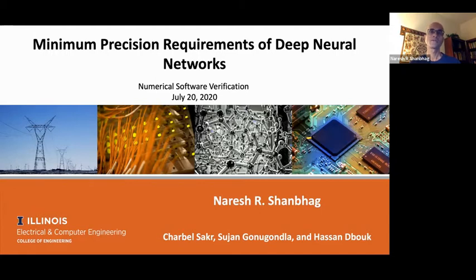When we try to implement these complex networks, a problem we all run into is the issue of complexity. And precision requirements of these networks is the first step. It is the most powerful variable that we can optimize in order to reduce both the computational complexity as well as the storage complexity.